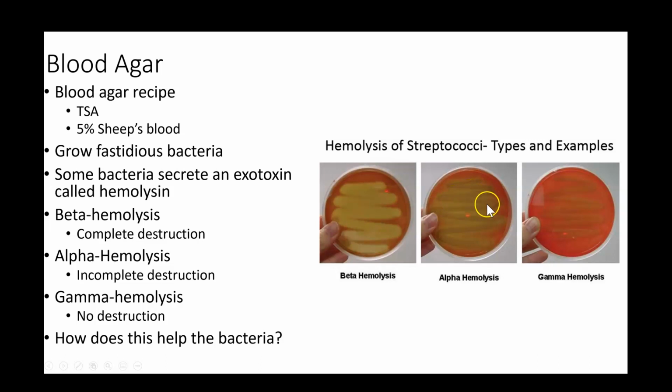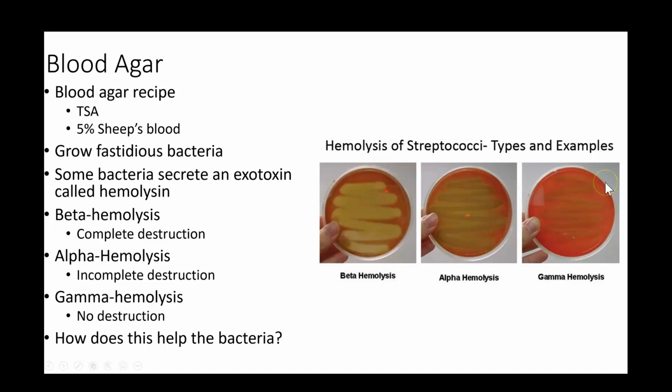You can see the bacteria clearer in the alpha hemolysis just because the background's a bit darker. There's nice bacterial growth on all 3 of these plates, but here you see that really large, clear yellow halo in beta hemolysis, whereas in alpha hemolysis you see incomplete destruction of red blood cells, which gives a green olive halo around the bacterial streaks.